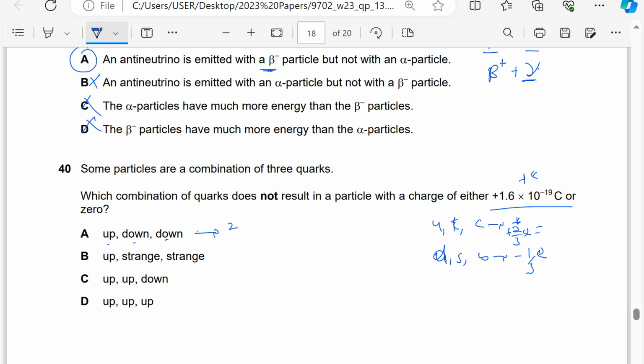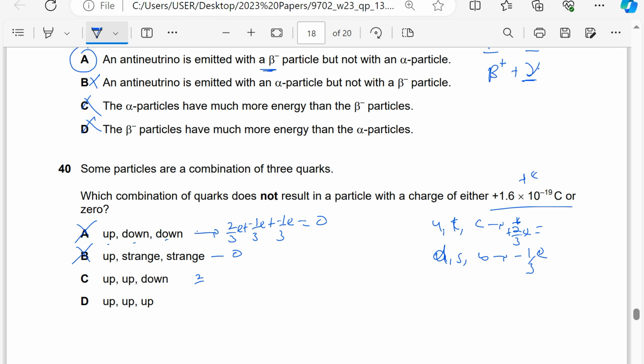So this one is 2 over 3E plus negative 1 over 3E plus negative 1 over 3E, which gives you 0. So this is not true. Up, strange, strange, it is the same as the first one. Plus 2 over 3E minus 1 over 3E minus 1 over 3E. This one is 0. So it means this is also out. Up, up, down.